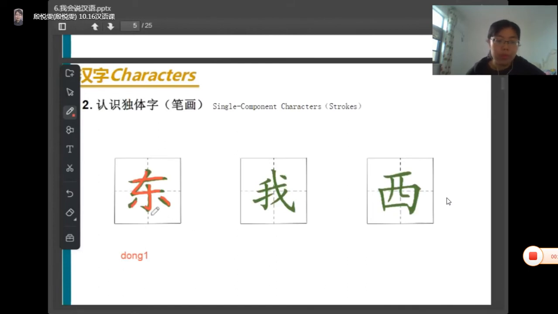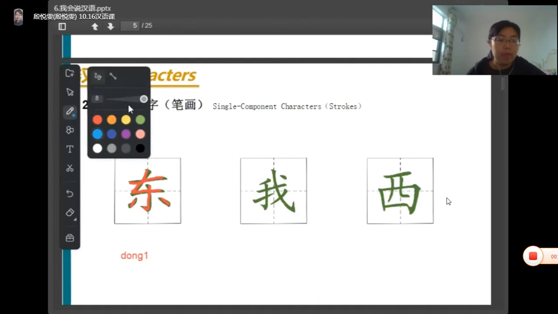东. Let's write it again. 横，撇折，竖钩，点. Can you remember this part?